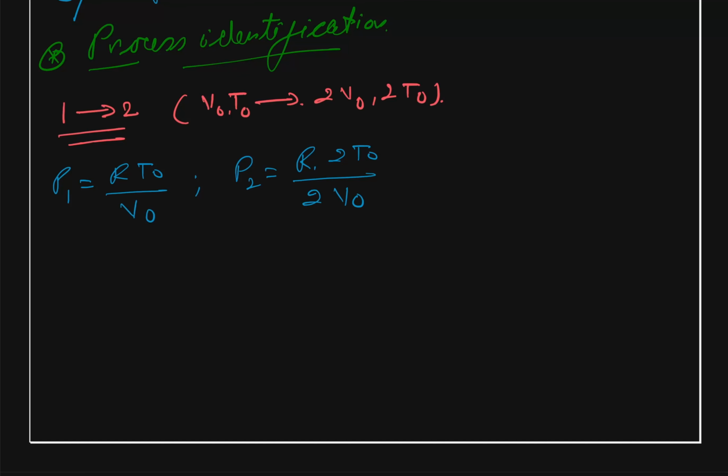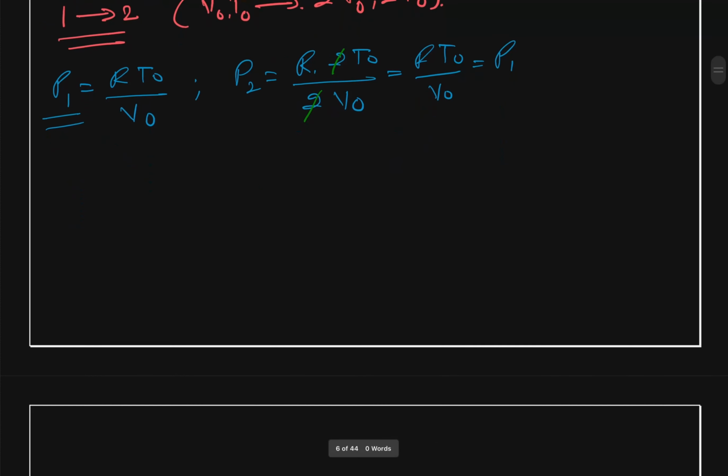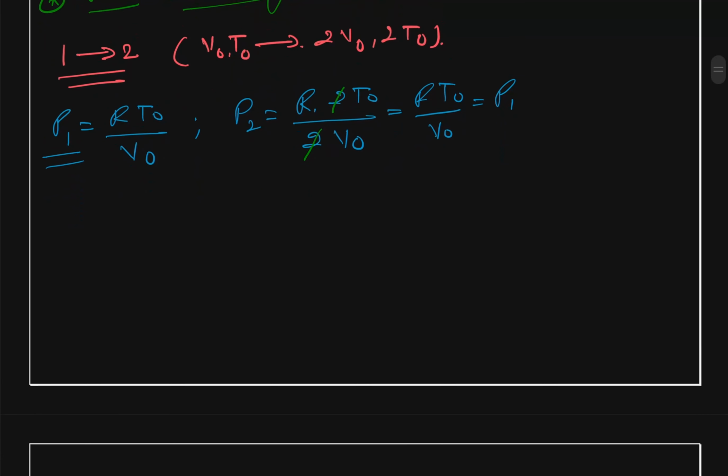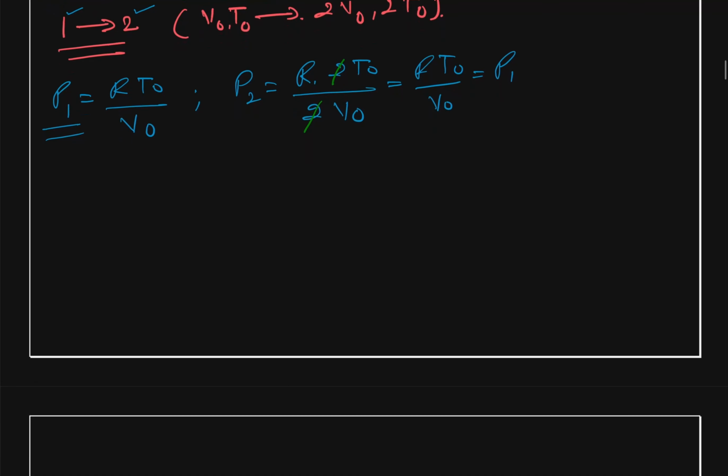Here the 2 and 2 cancel out, so this comes as R T0 over V0, which is the same as P1. Therefore the pressure at 1 is equal to the pressure at 2. So basically we can say it is a constant pressure process.